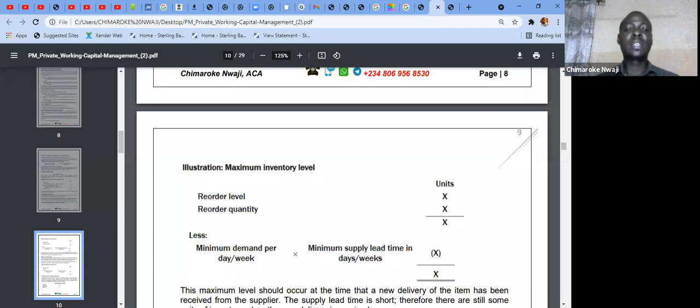Then you are assuming that if customers' demand is at the minimum and the supply time is minimum, they supply it in time, the maximum you could ever get is your reorder level plus your reorder quantity minus your minimal usage in minimal lead time.